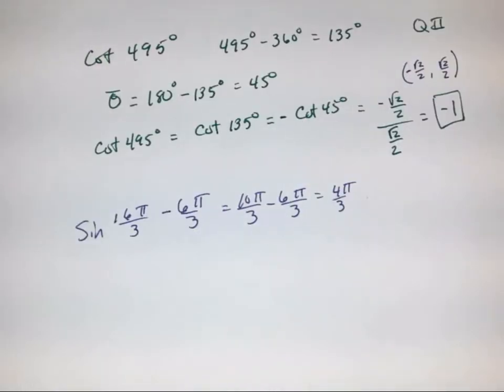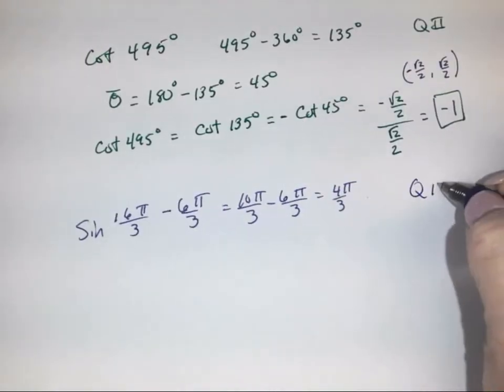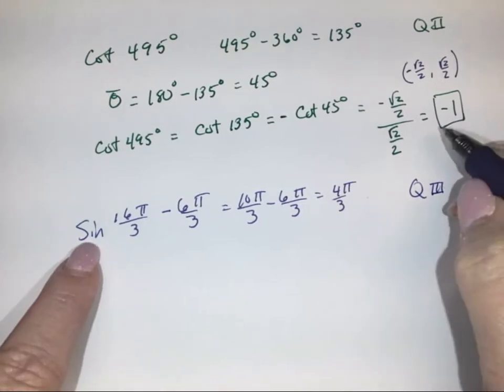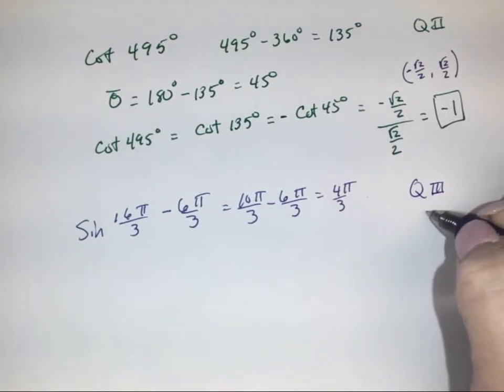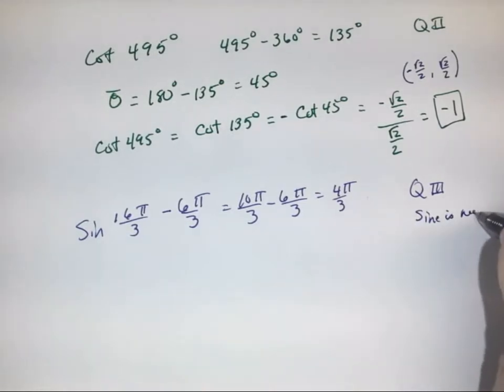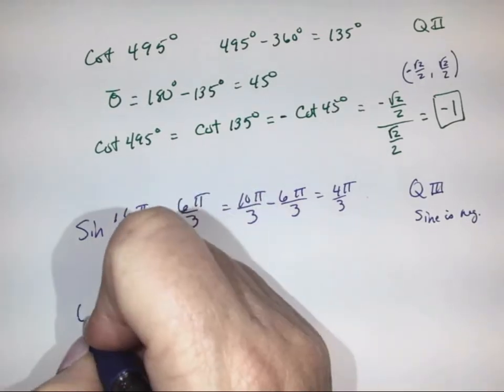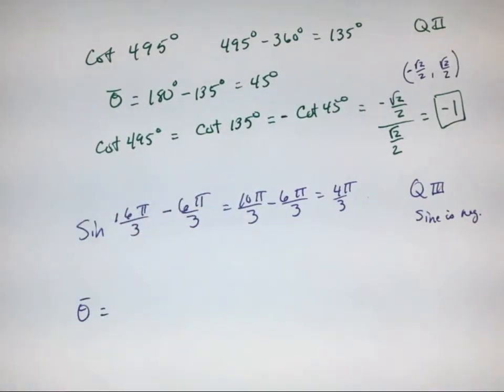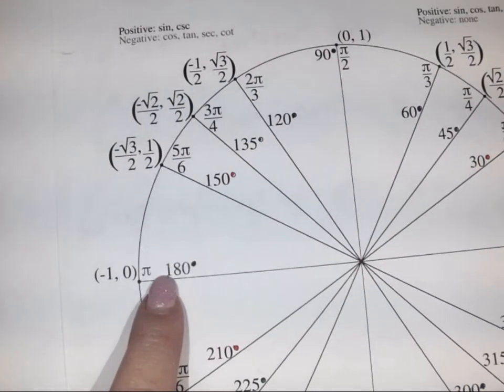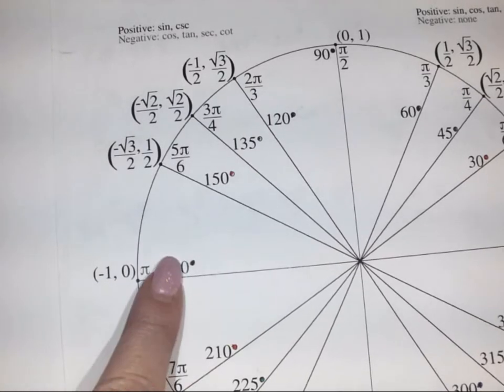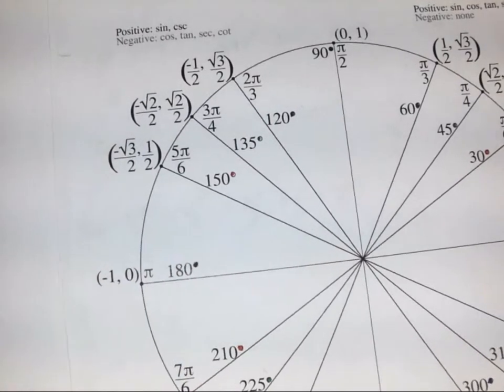And so that's going to land us into quadrant 3. We're dealing with sine, and we know that sine will be negative in our quadrant 3. Our theta bar, we need to go back up to our closest x-axis, which would be pi.